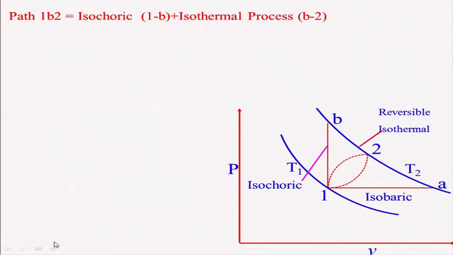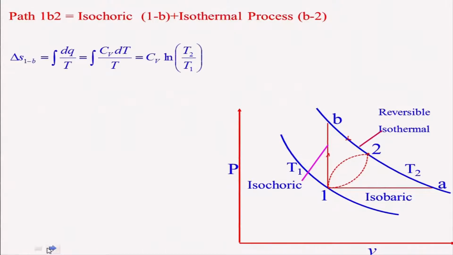And let us consider the other way around, that is for the path 1B2, the change in entropy is equal to the isochoric process for the path 1B plus the isothermal process B2. We will evaluate them in a similar way.